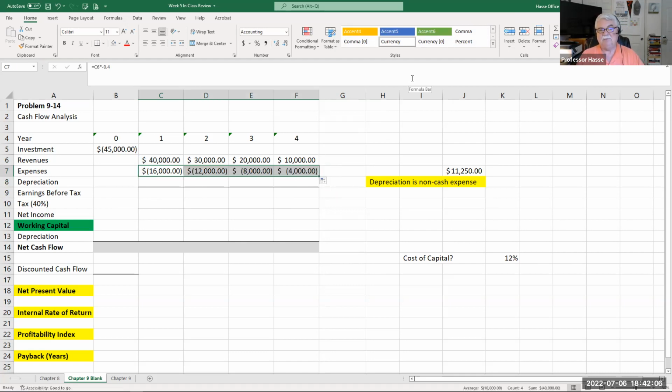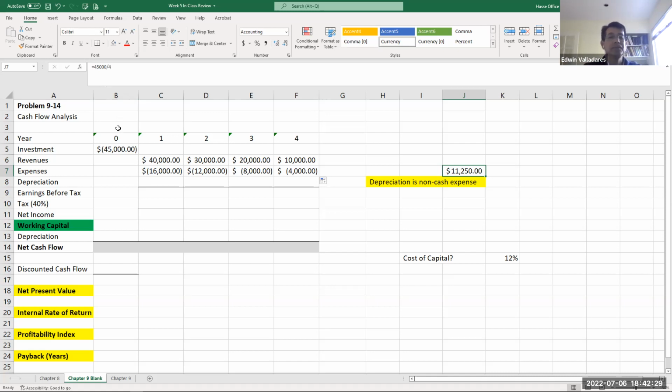And there's my expenses based on the variable of 40% of revenues. What's my depreciation? Well, remember the investment is $45,000 and there's no salvage value. So notice this over here. I'm taking $45,000 and dividing it by the depreciable life of 4 years. Straight line. Straight line depreciation.